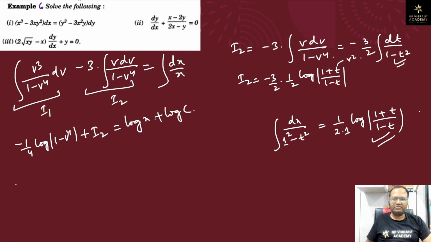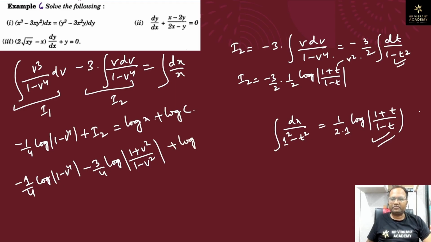So let us place the value here. So we have minus 1 by 4 log of (1 minus v to the power 4) minus 3 upon 4 log of (1 plus v square) upon (1 minus v square) is equal to log of x plus log of c.